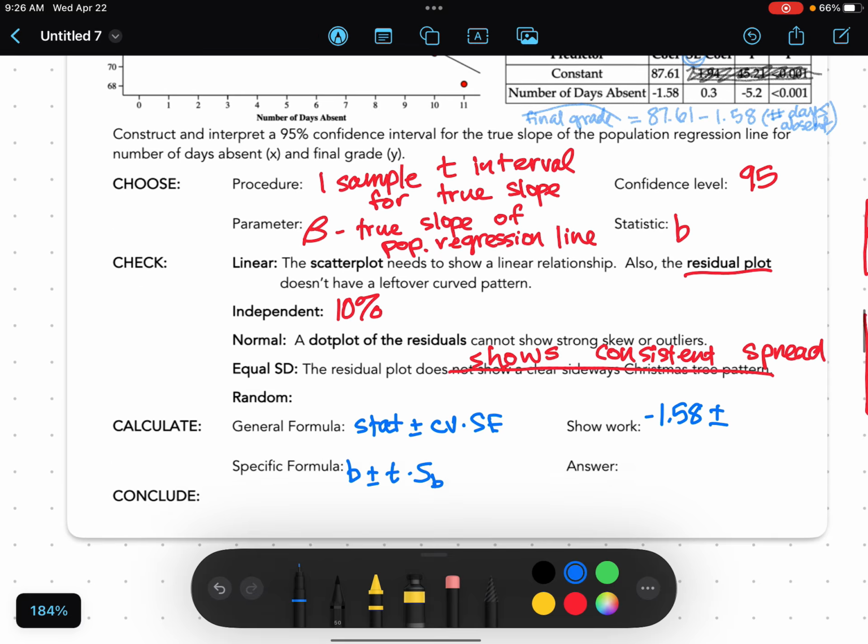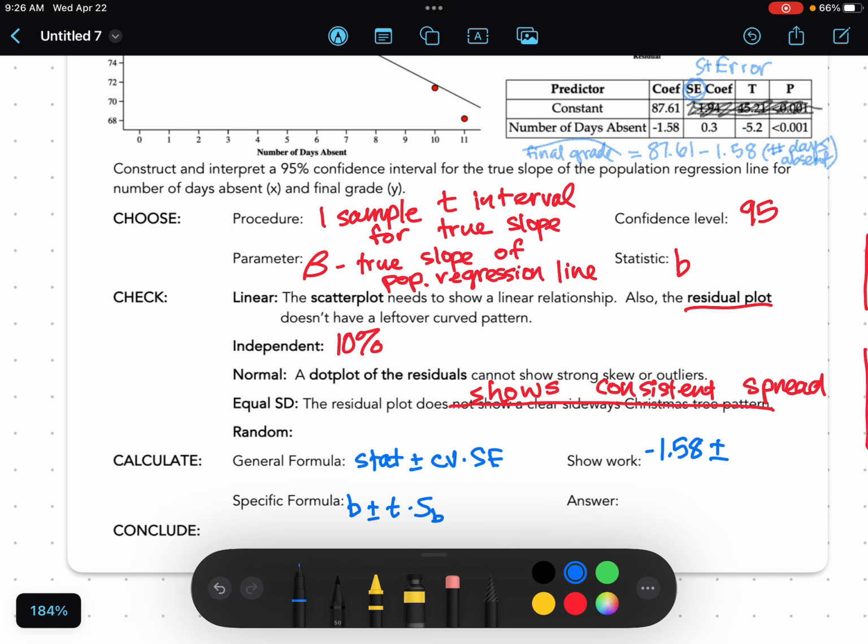Now, some of you might be like, Miss Sadler, there's a T in that table. That's not the T for the confidence interval. The confidence interval T is going to be based on what confidence level we're using, right? So right now we're going to ignore these things. We're just going to use the standard error.